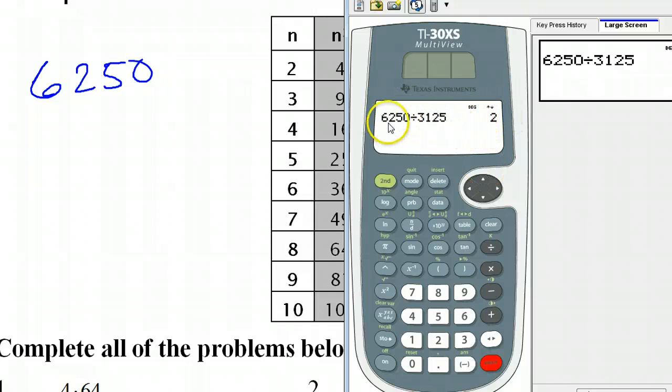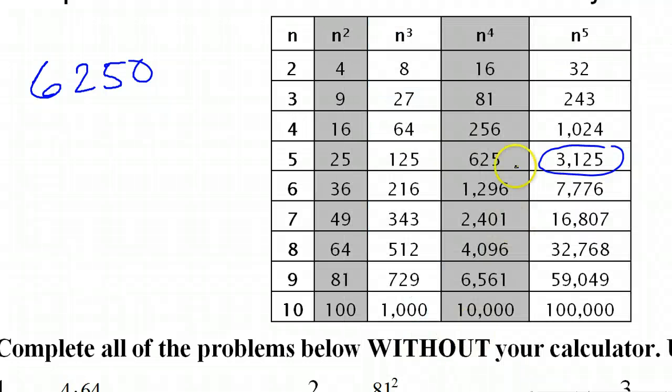It divides in evenly. You can kind of see it as 3 is half of 6 and 125 is half of 250. Anyway, it does go in evenly 2 times. Alright, which means I can write this number as 3,125 times 2.